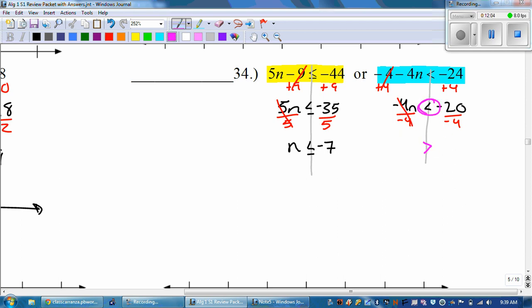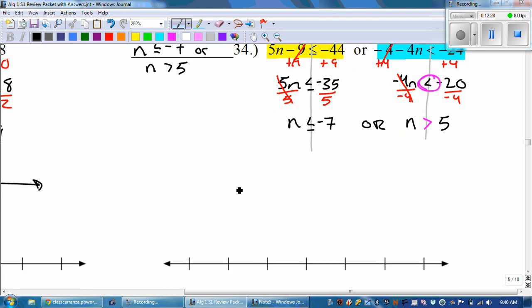That's right, I'm dividing by a negative. So now I flip the sign. And negative 20 divided by negative 4 is a positive 5. So then here's our answer right here. n is less than or equal to negative 7, or n is greater than 5.